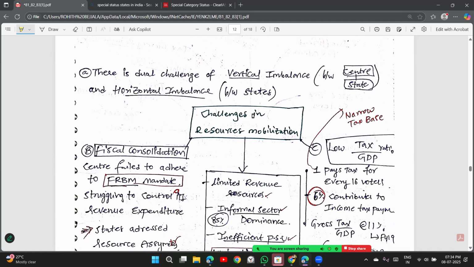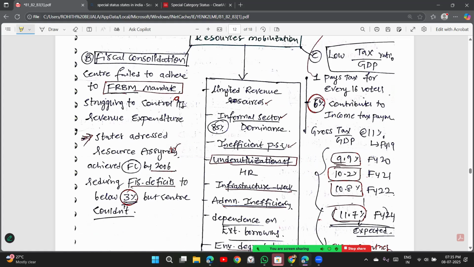What are those problems? First one, there is a vertical imbalance and horizontal imbalance, like the distribution between the center and state, and also between the states. That is one problem. Second one, the fiscal responsibility and budget management mandate.